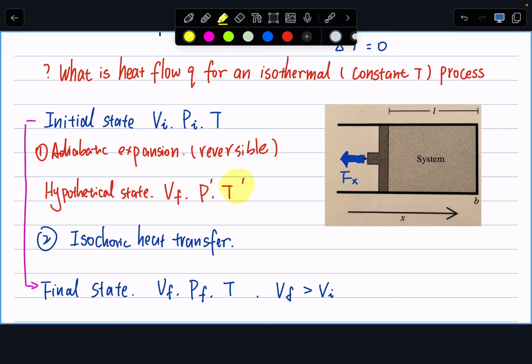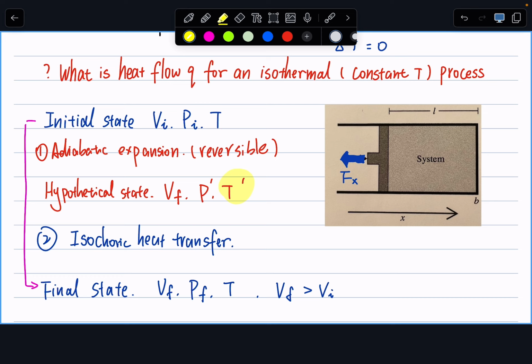Any questions here? Yes? Why did we have to use the work that was reversible in this case? So that we can calculate what exactly is that number. Now, in this case, if we only want a qualitative understanding, we can simply think about the process, right? So if it is not reversible, the process from initial state to hypothetical state is an expansion.